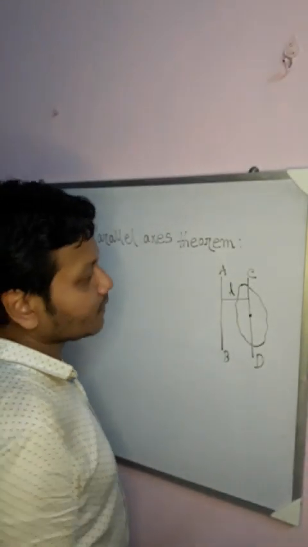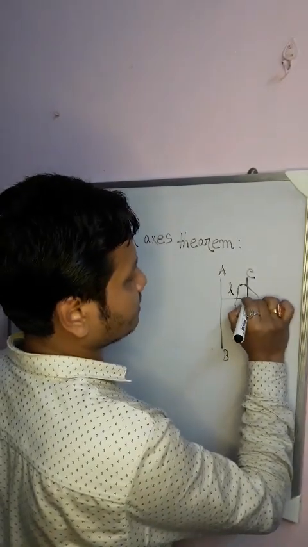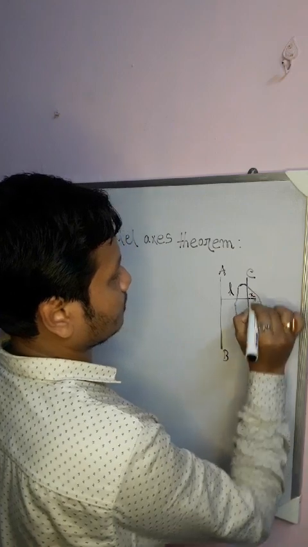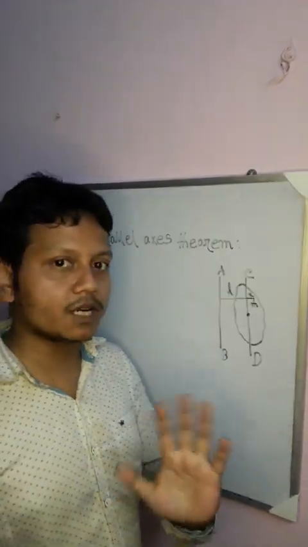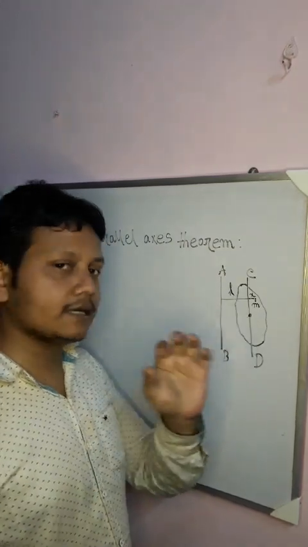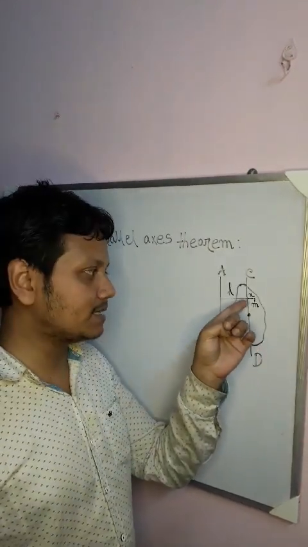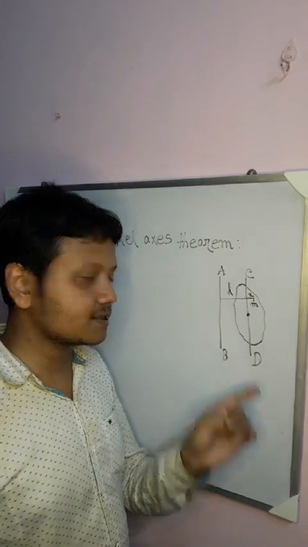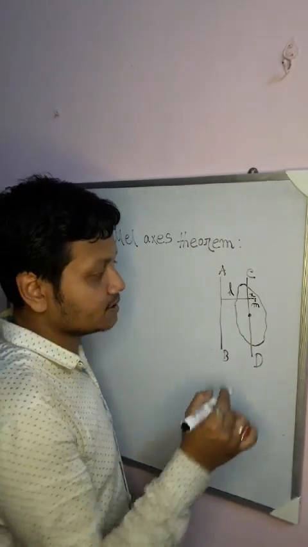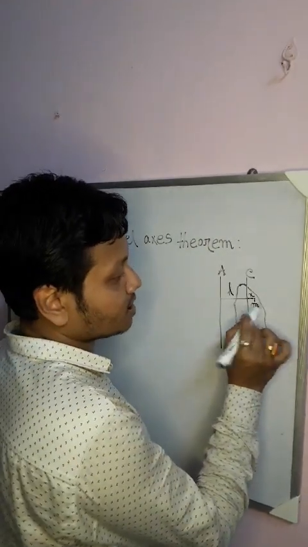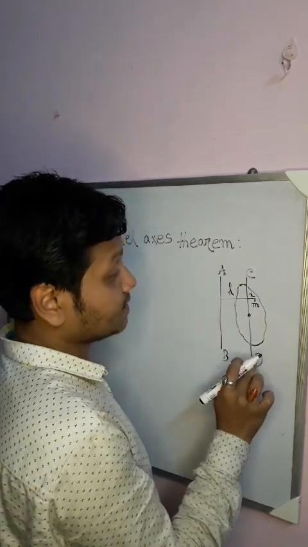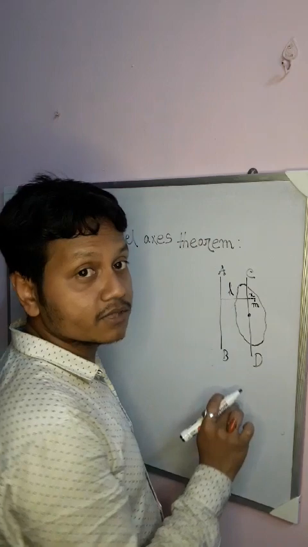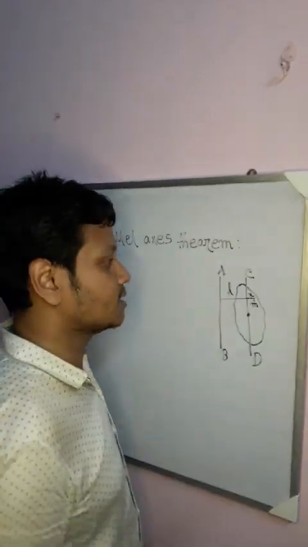And you take a particle of mass m at a distance x from the CD axis. The body is composed of a large number of particles, so you take a particle of mass m at a distance x from the CD axis. That means the particle of mass m is at a distance x from the CD axis, and at a distance x plus h from the AB axis. It is clear from the picture.